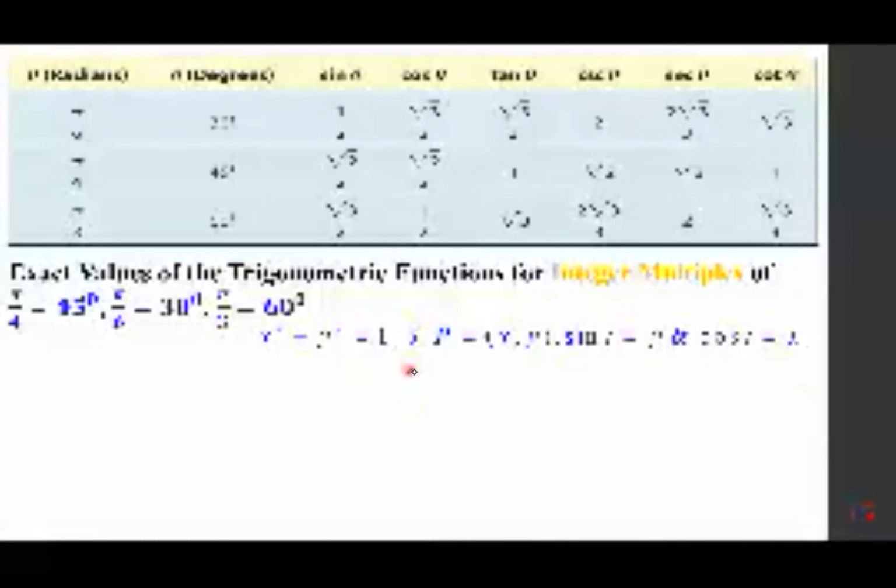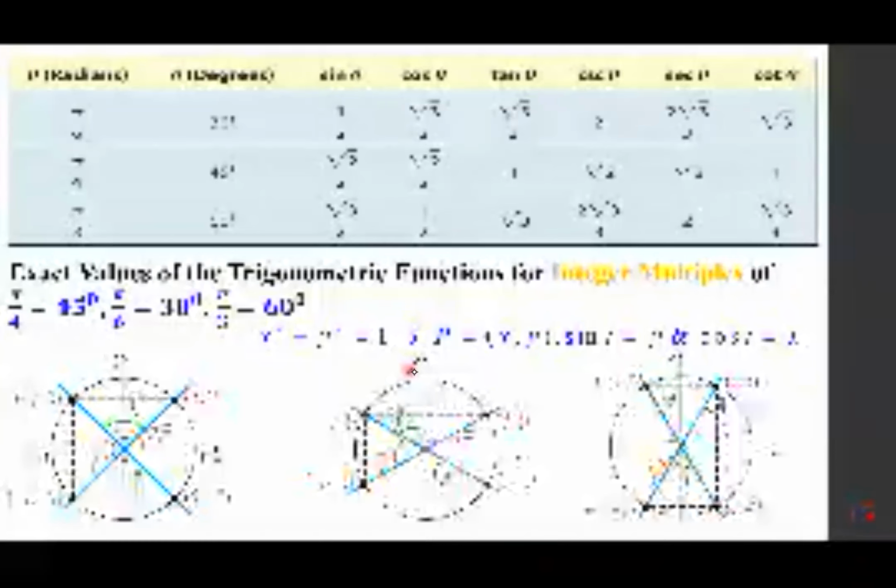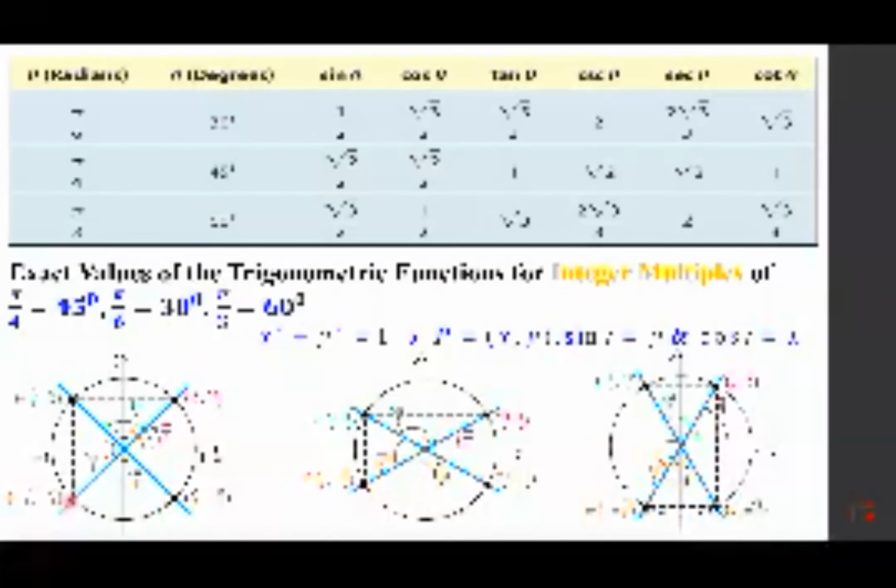Basically, what you need to know is this. If you go with pi over 4 here, it's square root of 2 over 2, square root of 2 over 2. If you go through the origin, you end up here with 5 pi over 4, and you have the same values but negative, because in the third quadrant, both of them are negative. Remember, cosine is the x value and sine is the y value.